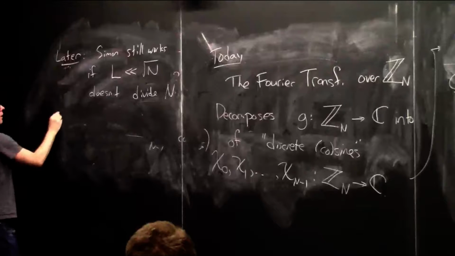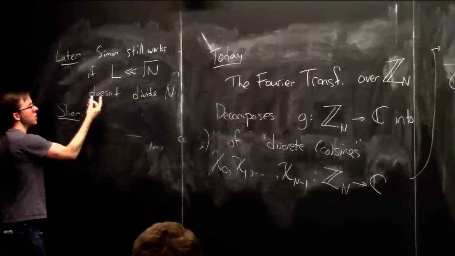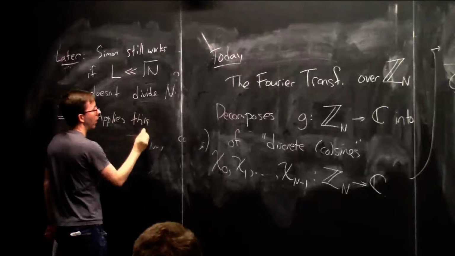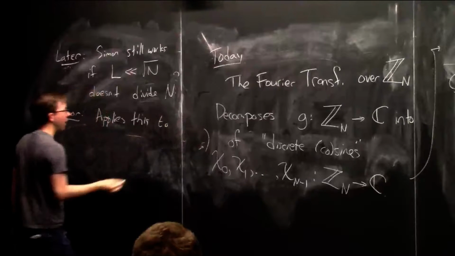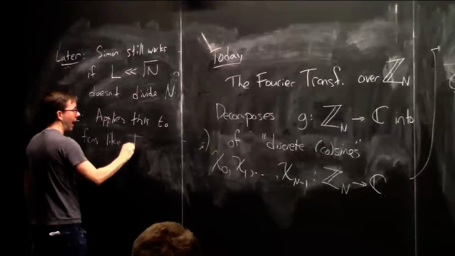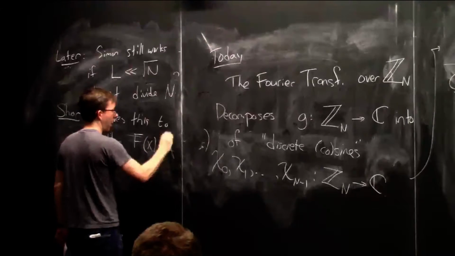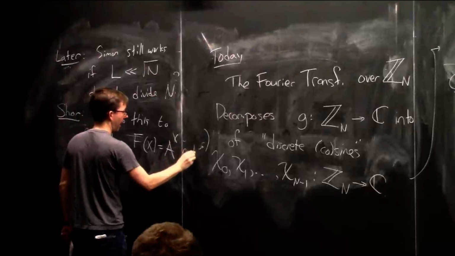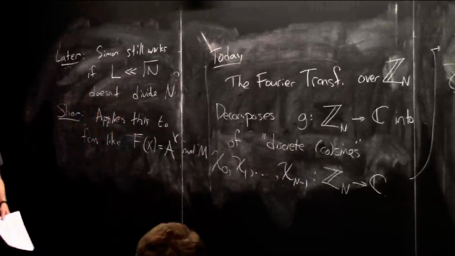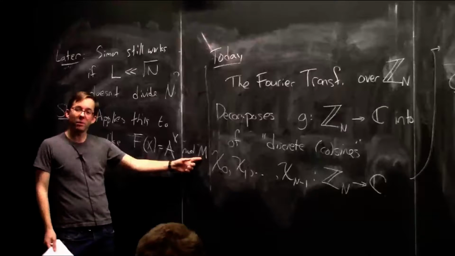And then later, we'll see Shor's algorithm, which applies this algorithm to numerical looking functions. Functions like f of x equals a to the power of x mod M, where a will be some number the algorithm itself picks at random, and M will be a number that the algorithm is trying to factor.